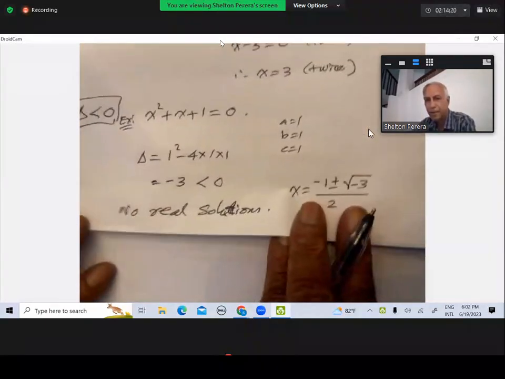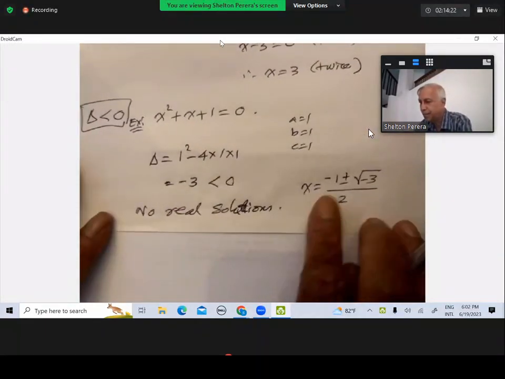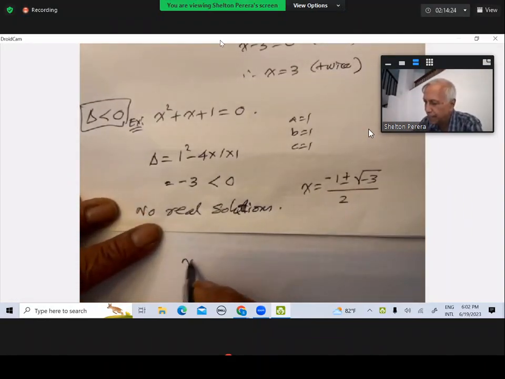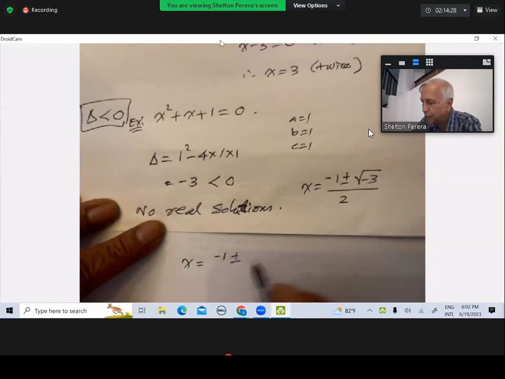Now, this is where we stopped. X equals minus 1 plus or minus, we write this as square root 3 times square root minus 1, over 2.